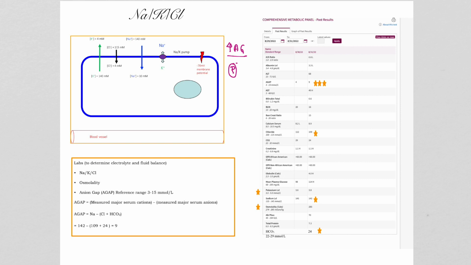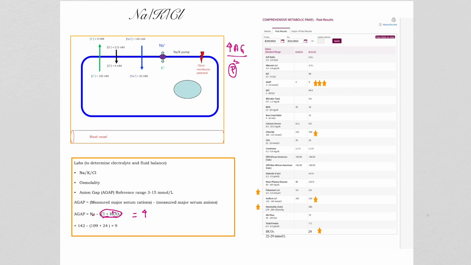Since phosphate is negatively charged, that's going to reduce the amount of chloride and bicarbonate, which are also negatively charged, to maintain the total number of negative charges. So because of the phosphate, chloride plus bicarbonate decreases. Because this number has gone down, sodium minus this number, the anion gap, is going to increase.